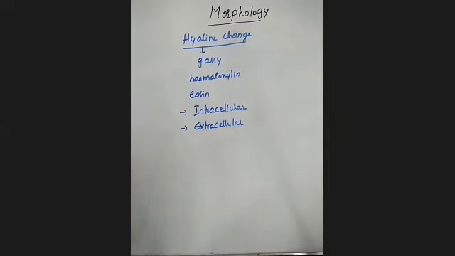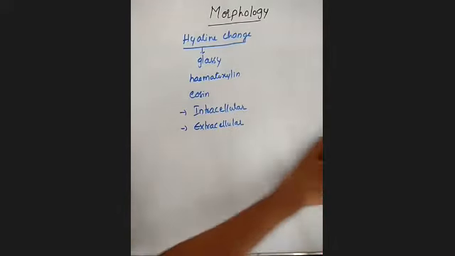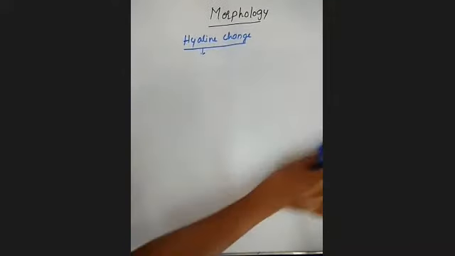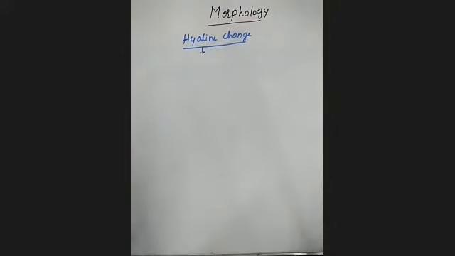Hyaline change means a glassy appearance whenever you stain the cells with particular dyes like hematoxylin or eosin stains. We'll see what is intracellular hyaline change and what is extracellular hyaline change.